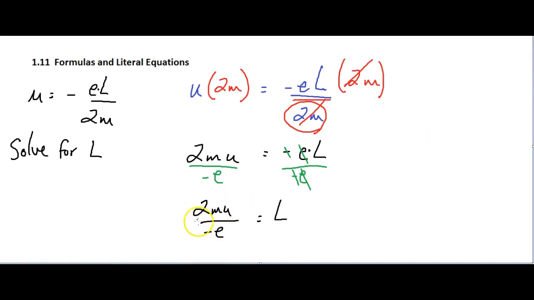We can always just move that up to the numerator. This negative is actually a negative fraction. It doesn't have to be just in the denominator or just in the numerator. We can have it minus 2mu over E equals L. Okay?